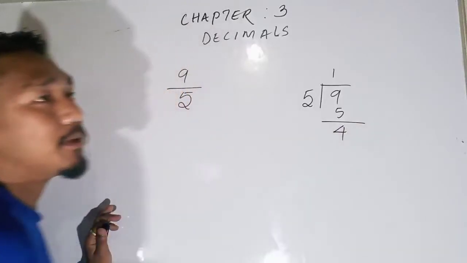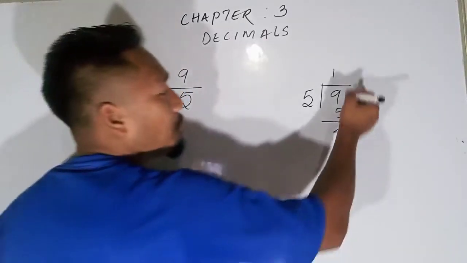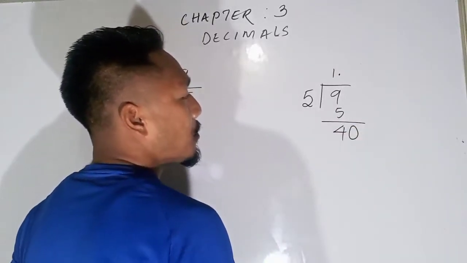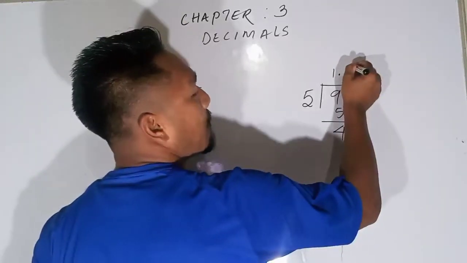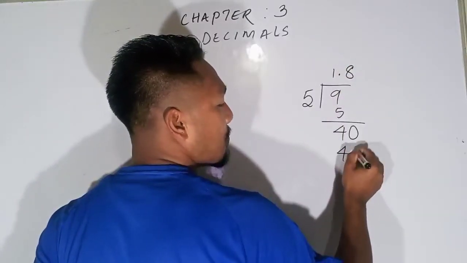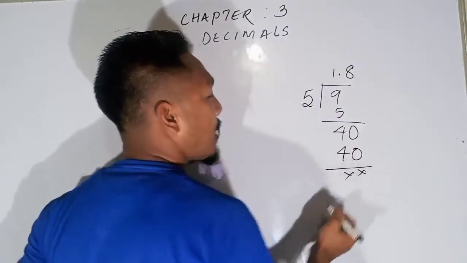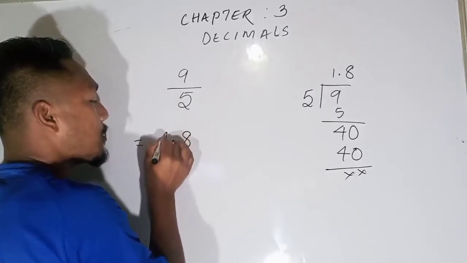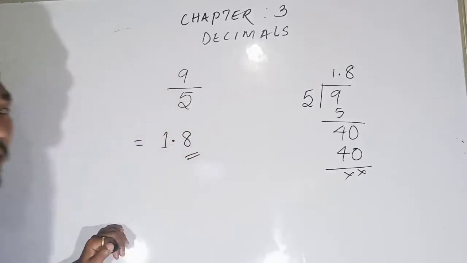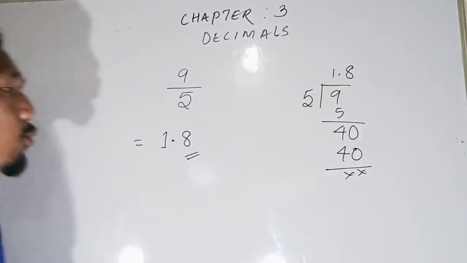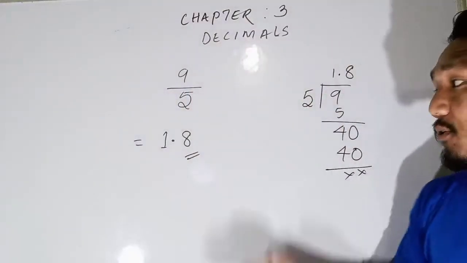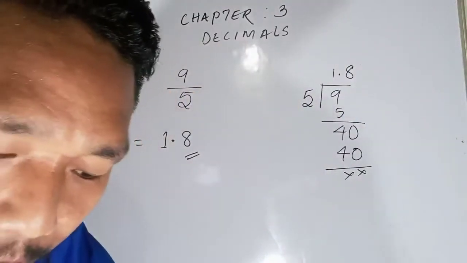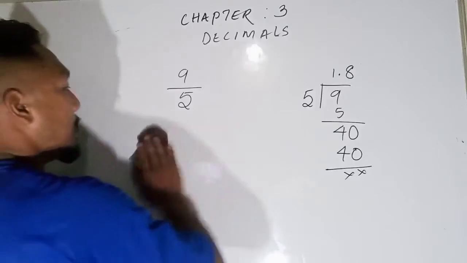Now 4 cannot be completely divisible by 5, so I put the point right after the number, and a 0 can be added downside. When I add the 0 here, we know 5 8s are 40. So your answer becomes 1.8. That is your answer, 1.8. Clear about this one? So this is how we divide it.